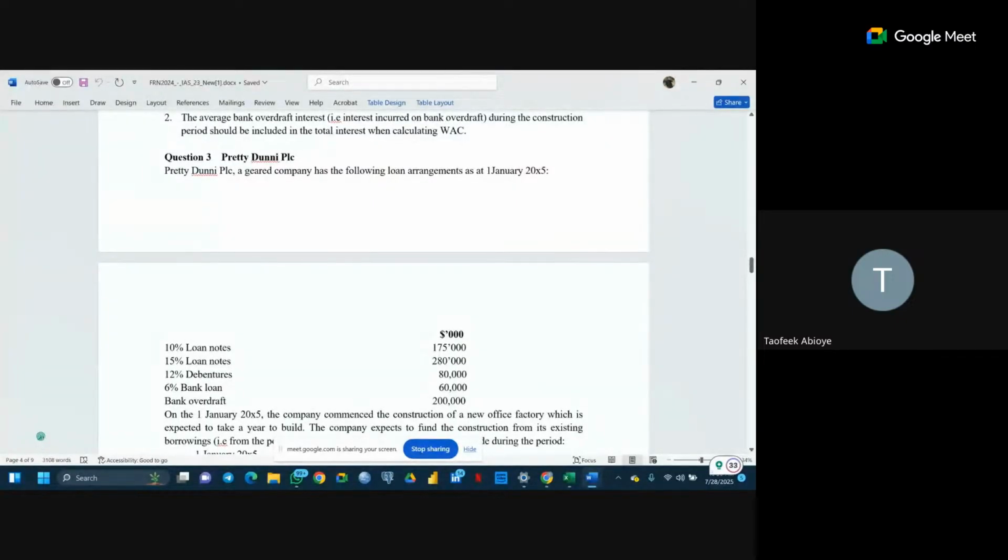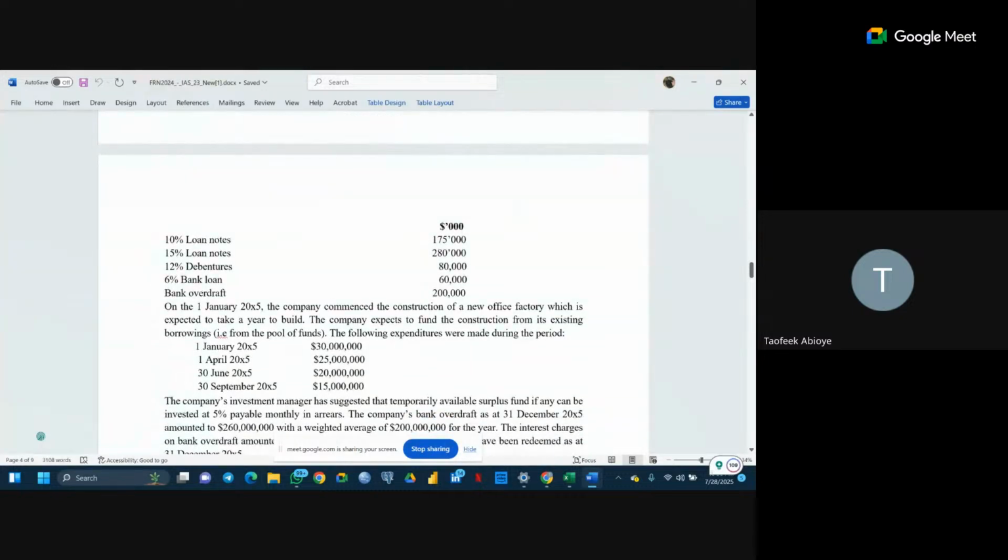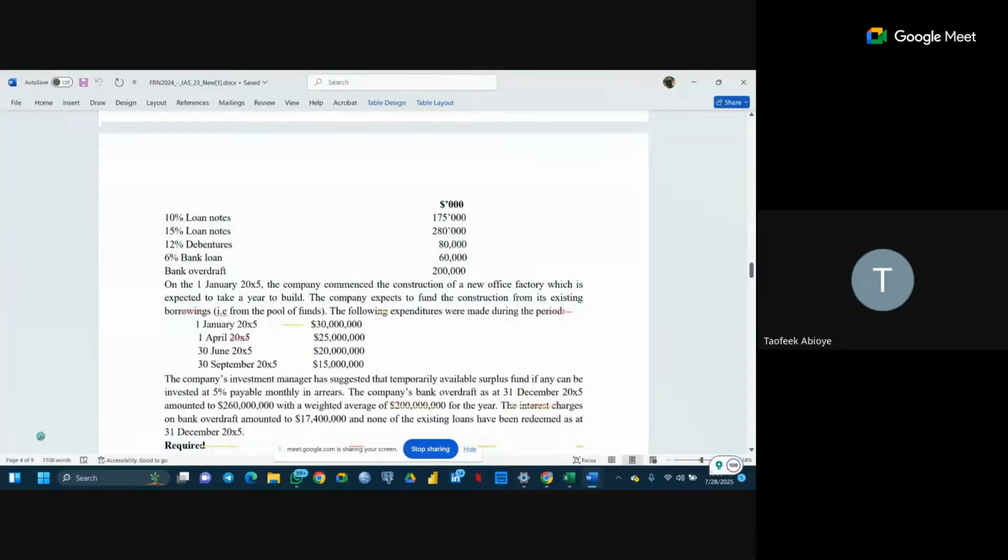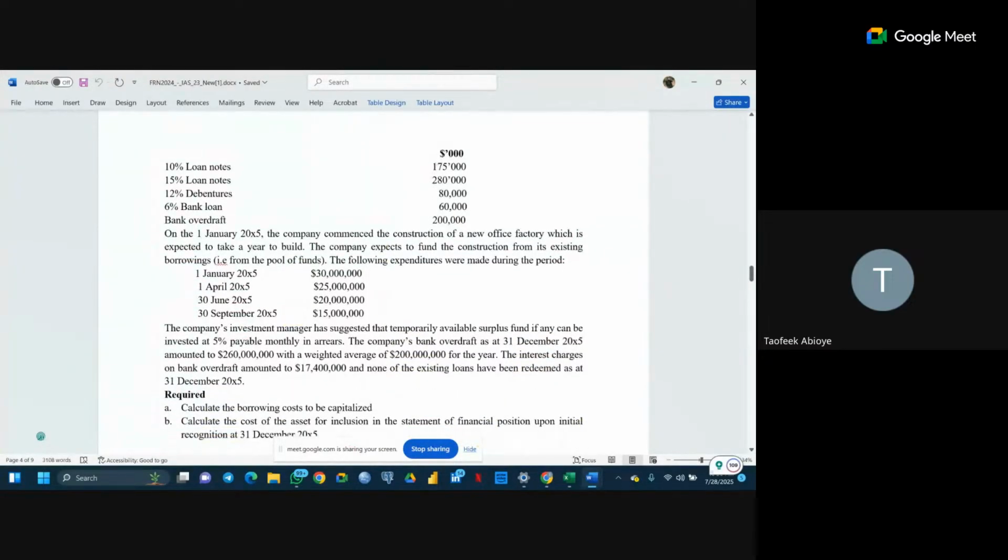Pretty Duni PLC, a J company, has the following loan arrangement as at 1st of January 2025. These are the loan arrangements: loan notes of 10%, another one of 15%, another one of 12%, another one of 6%, a bank loan, and then another one, a bank overdraft again.